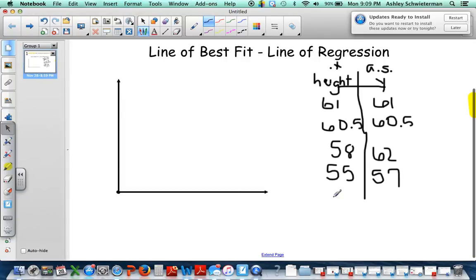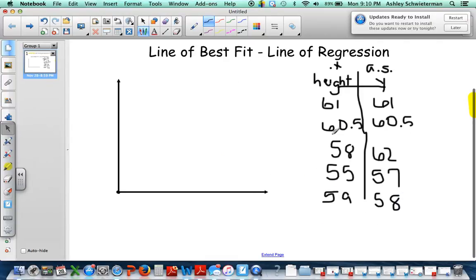And then, let's see, somebody was 59 and 58. And there are more people, but I'm not going to plot them all.